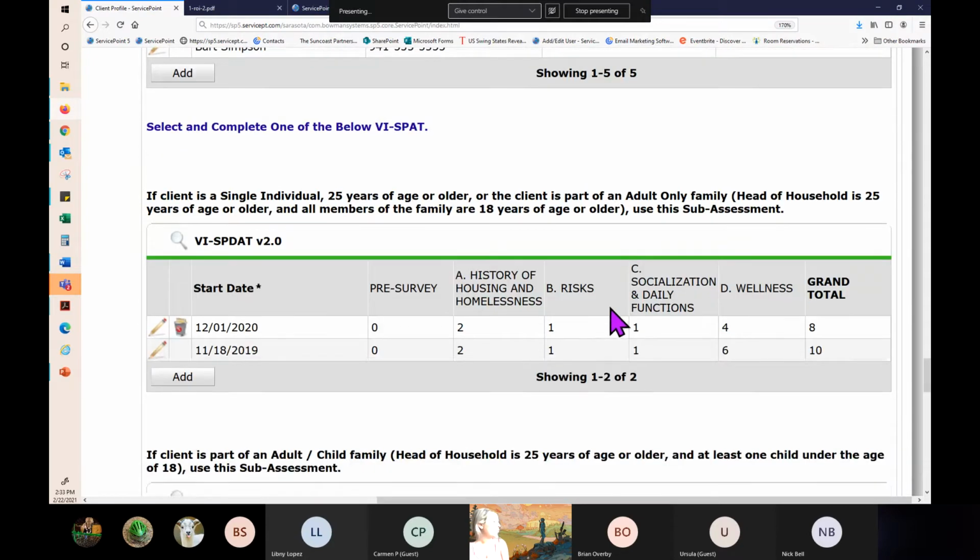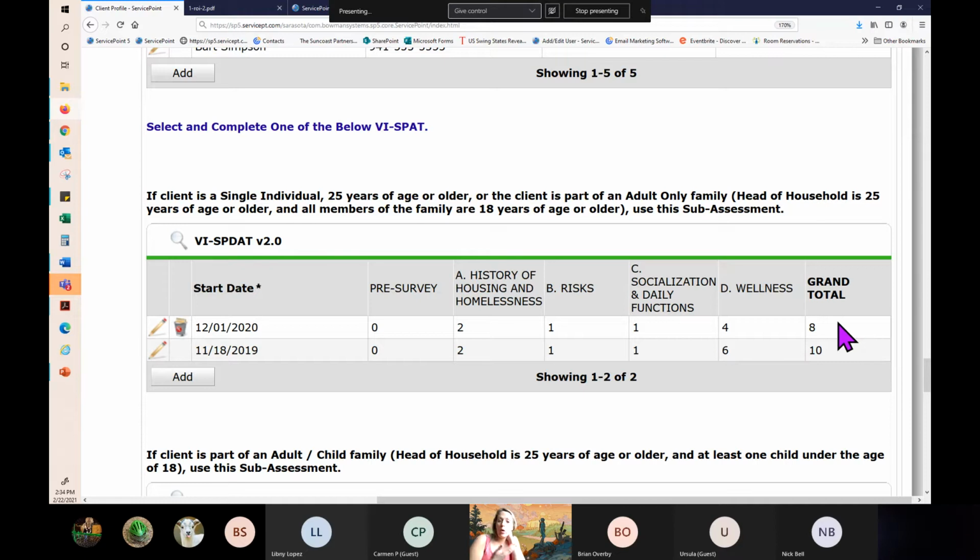From here, we get into our VI SPDAT. The VI SPDAT is a vulnerability index prioritization and assessment tool. So what that means is that there is a list of questions that we ask the client, and based on the responses, there will be a score added to the client's CSIS record.